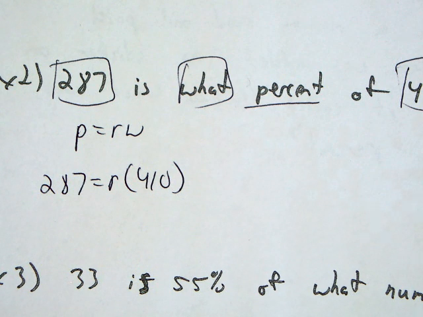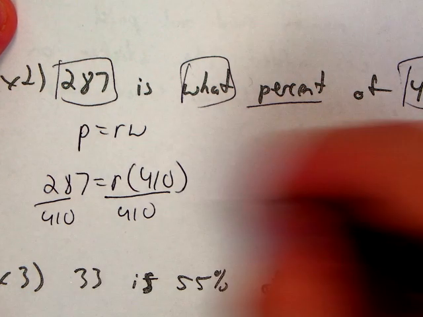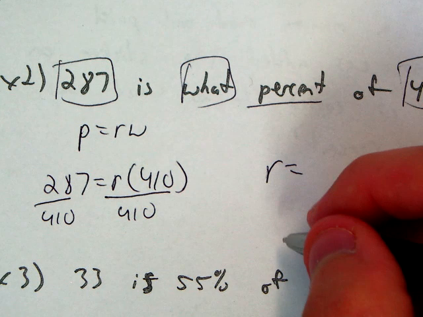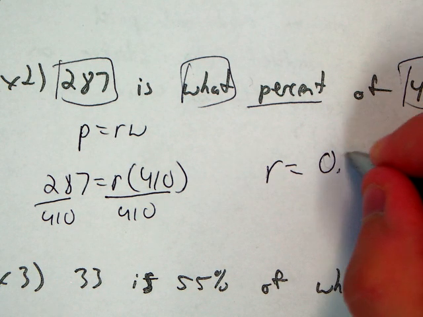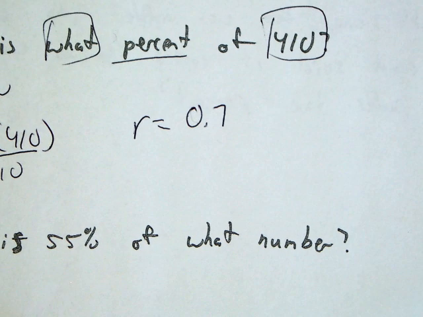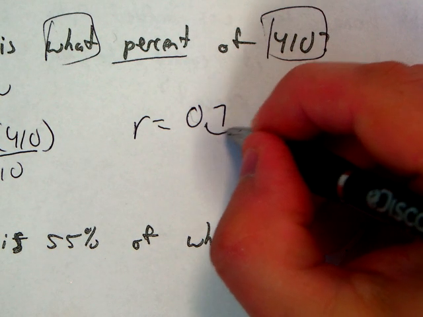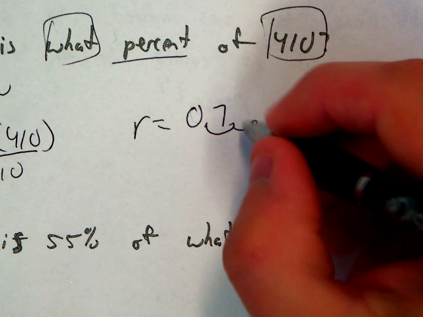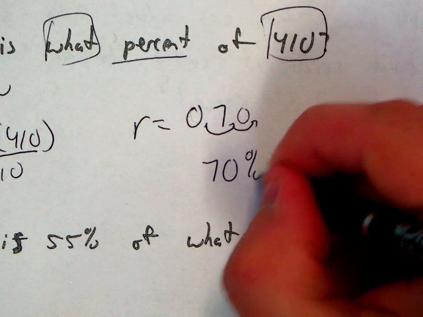In order to get R all by itself, I have to divide both sides by 410. And if I do that, R is equal to 0.7. Remember, this is a decimal form. In order to convert a decimal to a percent, I need to move it to the right 2 places. I have to fill in this empty space with a 0, so it is 70%.